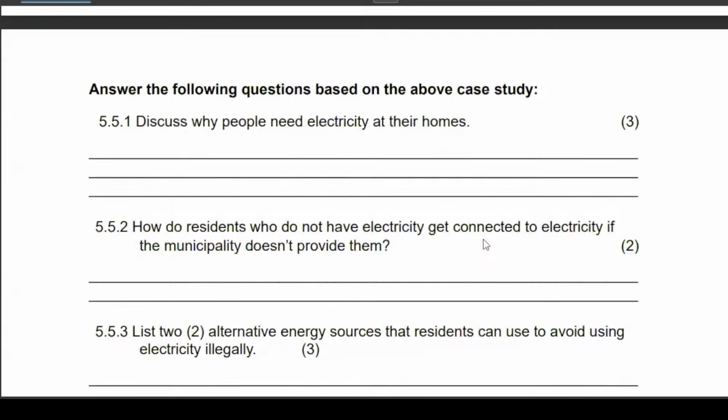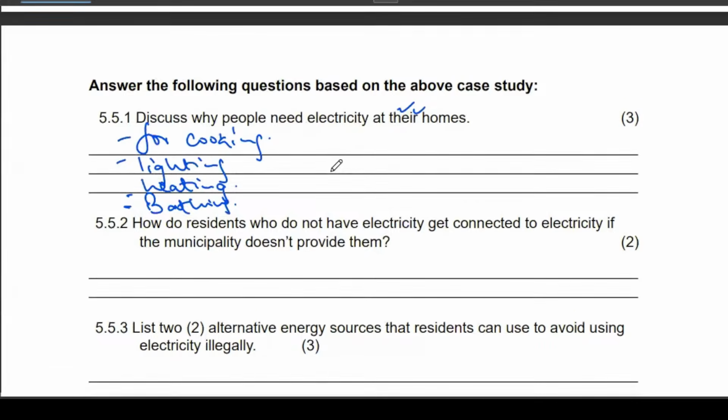So we need to discuss why people need electricity at their homes. So number one, we said for cooking. And then we also use it for lighting. We can also use it for heating, so that people can feel warm. And then some people have geysers, so we can say for bathing purposes.